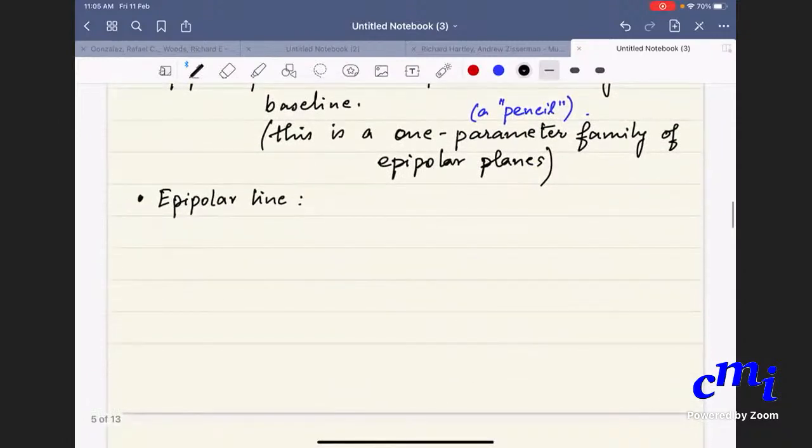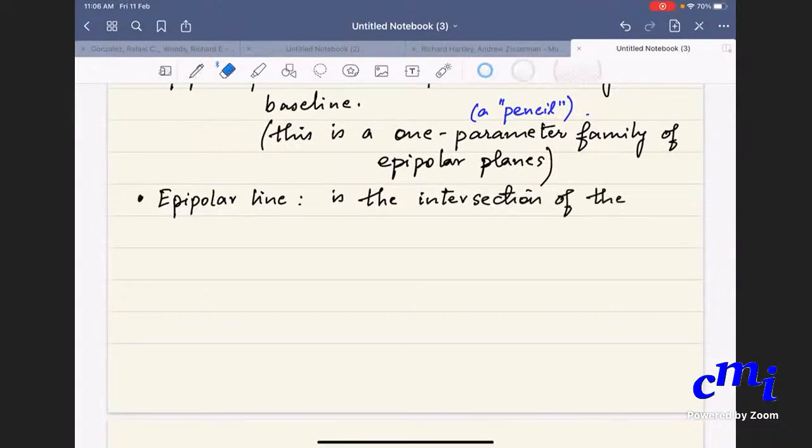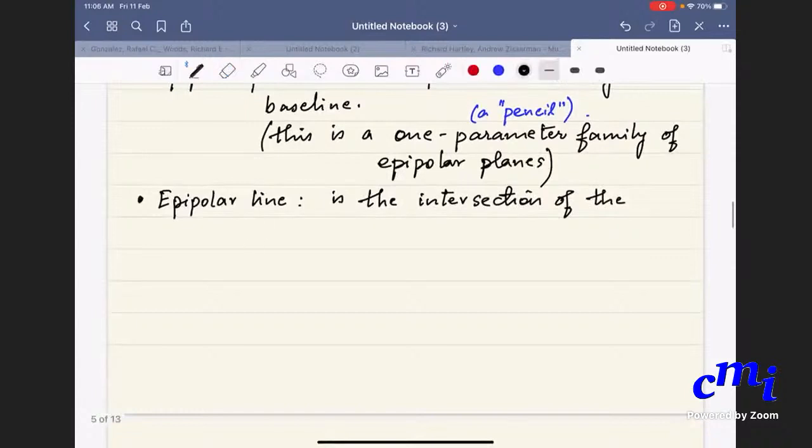The epipolar line is the intersection of an epipolar plane with the image plane.